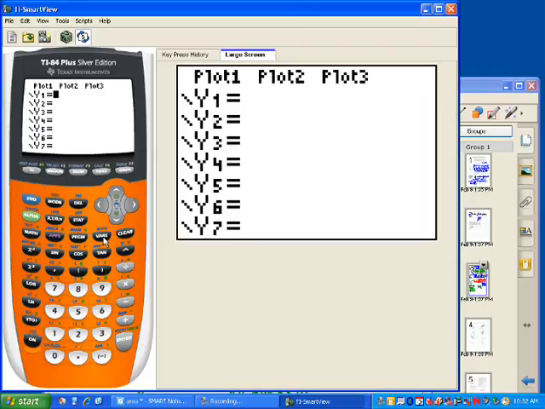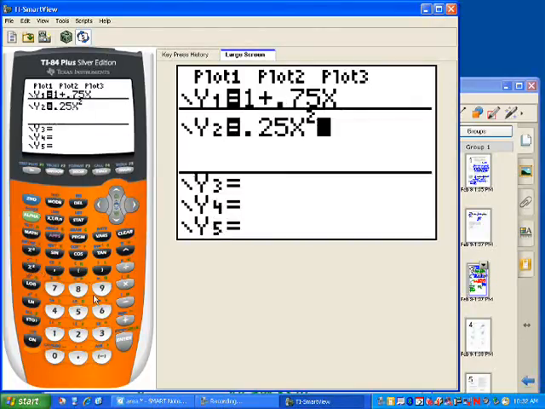Okay, and what I'm going to plug in for the right is 1 plus 0.75, but I'm going to keep it x, even though I realize they're y's. And then for this one I'm going to do 0.25 x squared.